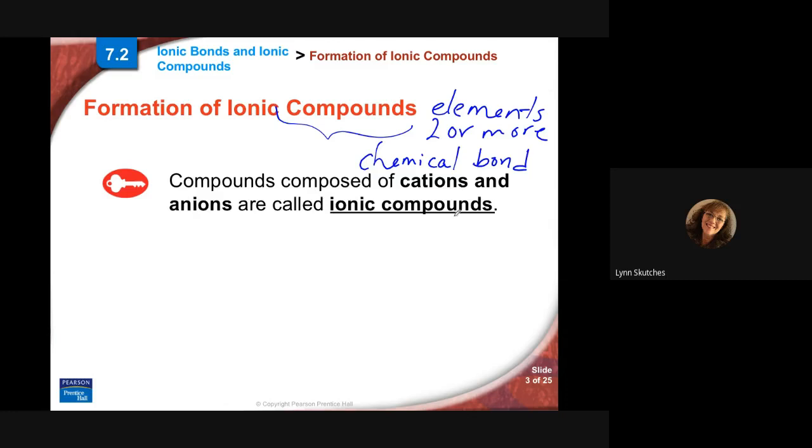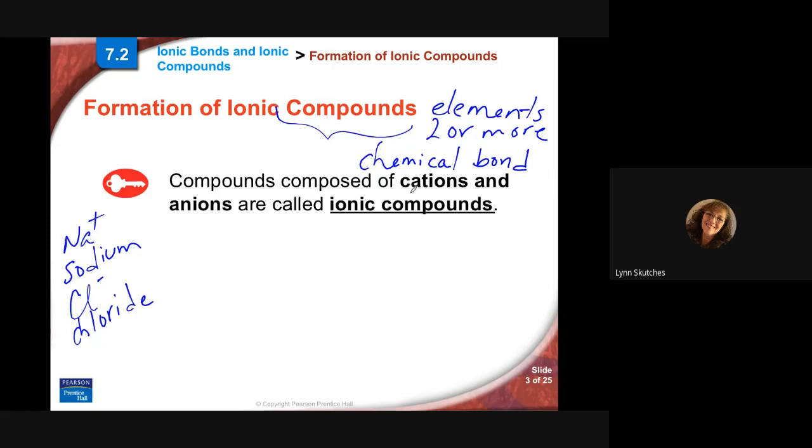You saw sodium is a shiny silver metal, but the sodium ion is not. And chlorine is diatomic, and it is a toxic yellowish greenish gas, and these two things combine to make a white crystalline solid.